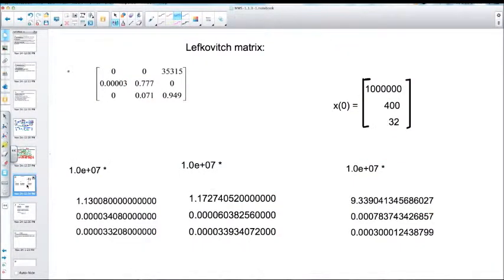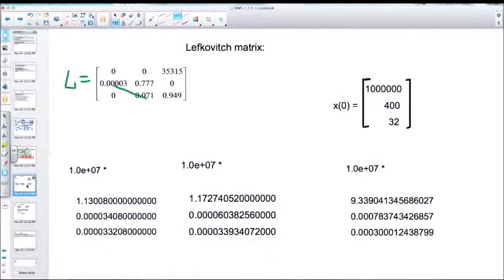matrix, which is called the Lefkovitch matrix. There's a little bit of difference from the Leslie matrix. If you remember the Leslie matrix, it has one line here, not a 0, and one line here not a 0. On the diagonal, they're all 0.